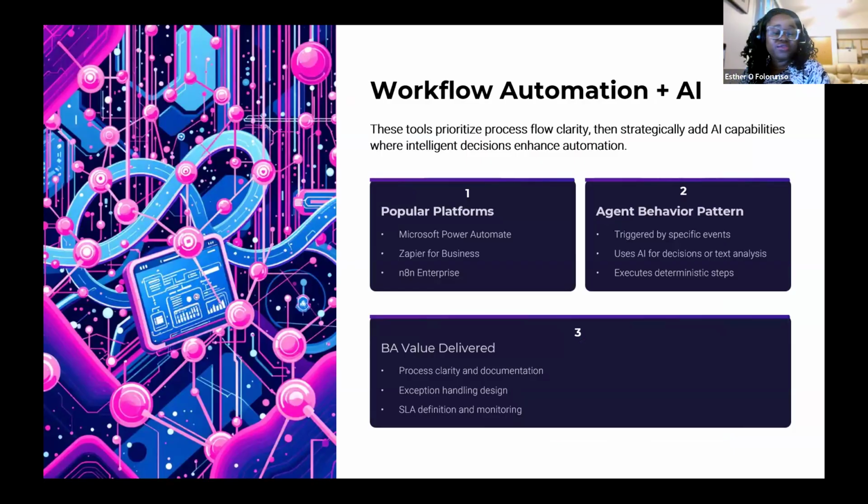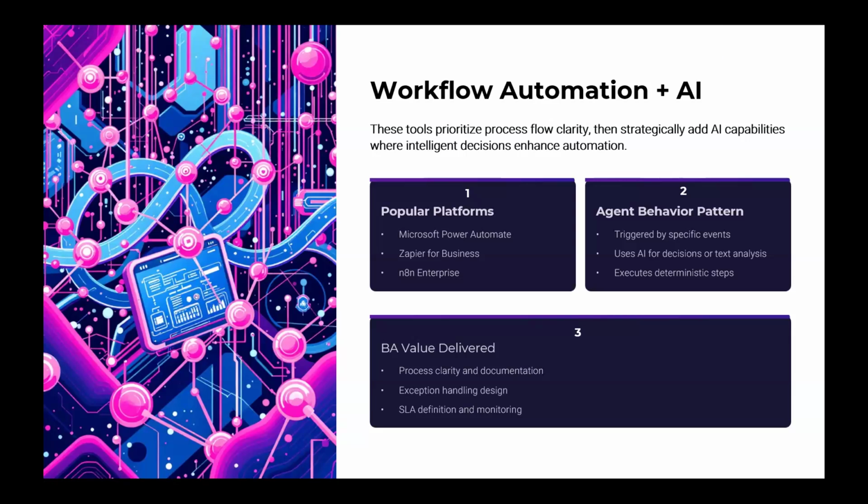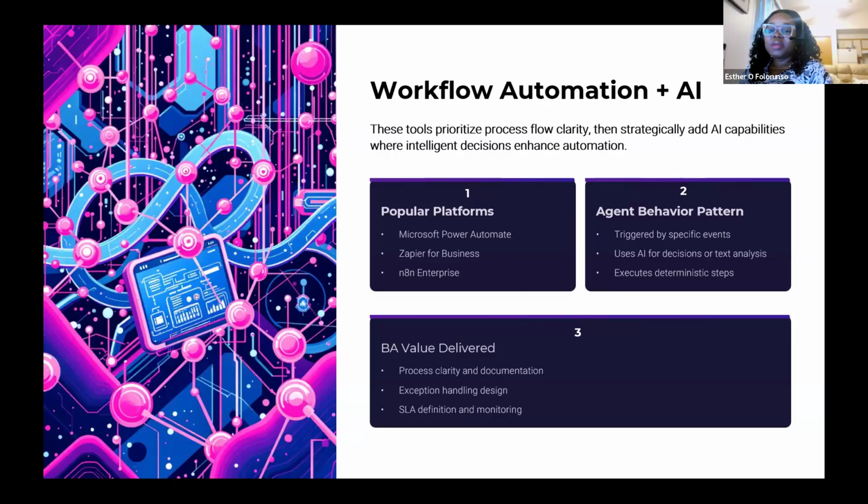But maybe based off the feedback that we received, we could always have another session and walk people through how to create some agents or workflow automations using N8N or even Zapier. You just let us know and we'll see how to slot that in.